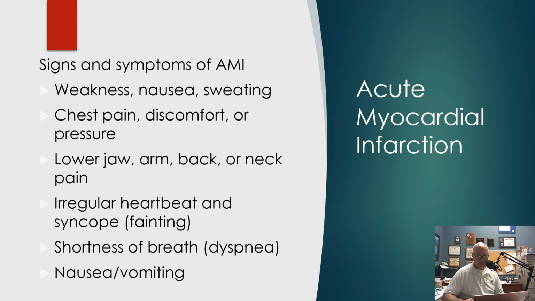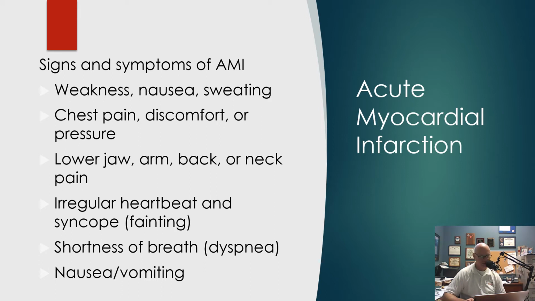The signs that it is an MI are going to include things like weakness and nausea. The patient could be sweating, that chest pain described as we did, the lower jaw, the whole arm, back, and neck pain. All of those, all by themselves, could be an acute MI. All right, chest pain with these really points towards an MI too, unless they start to describe that pain as tearing.